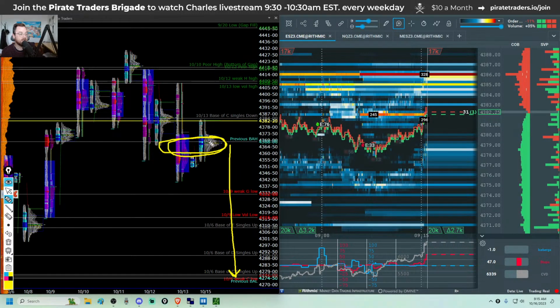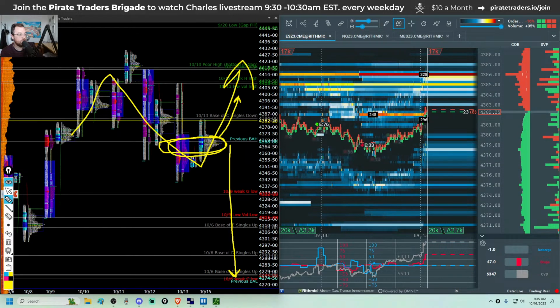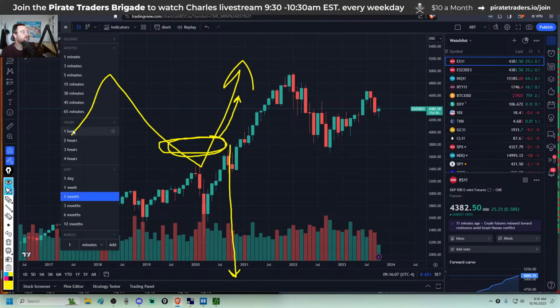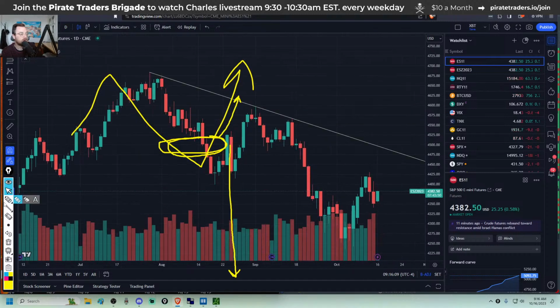In that same regard, if this area holds as support and the market continues higher, well, then we've back tested and we're ready to move higher. So let's zoom back out to that daily chart once again and see if that's our next move. Where is that next move up probably going?